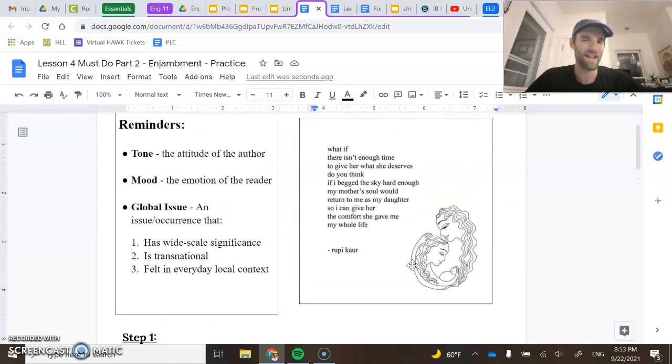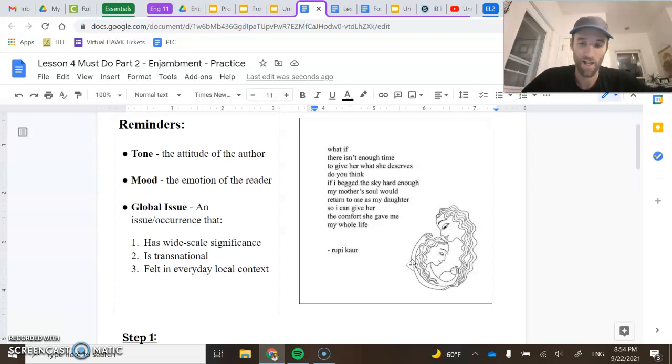And what does that have to do with the tone of this poem? Well, I think right in the middle of the poem there, you can see, my mother's soul would return to me as my daughter. She leaves you hanging on the end of that line because she wants you to consider what she's begging for and what she wants from the sky.